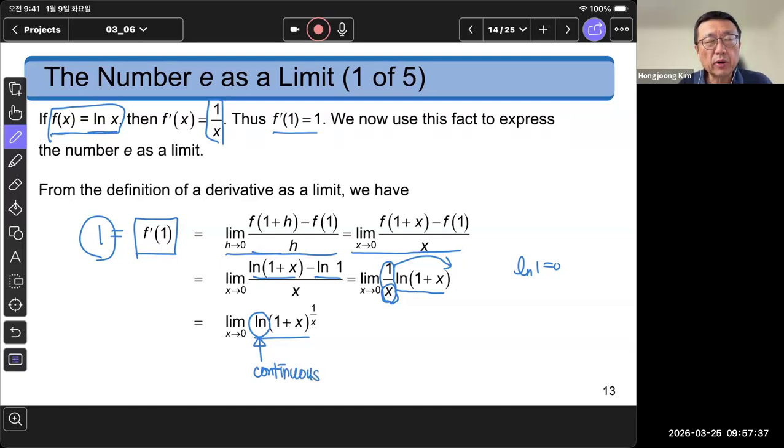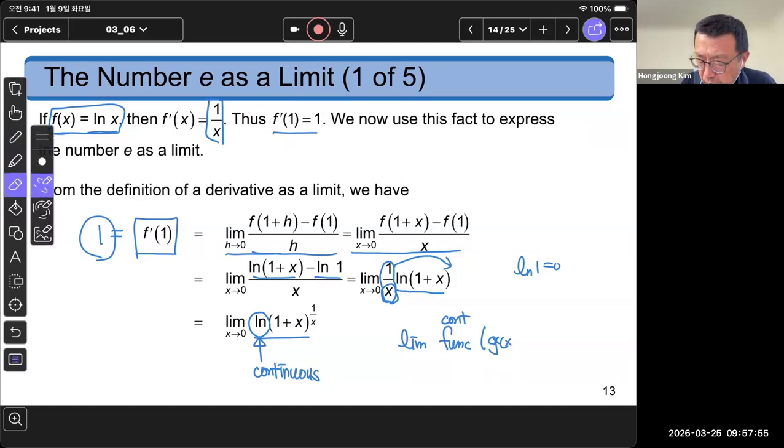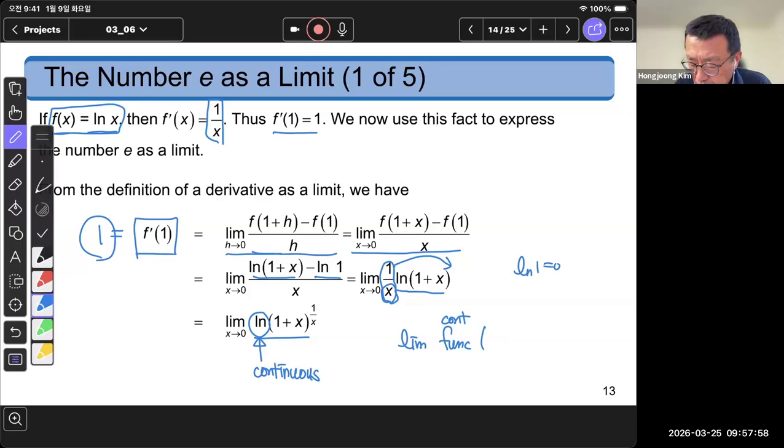And we have a theorem that if I have a continuous function, then the limit of a continuous function of g(x) as x goes to a certain value will be the same as the continuous function of the limit of g(x) as x approaches 0, right?